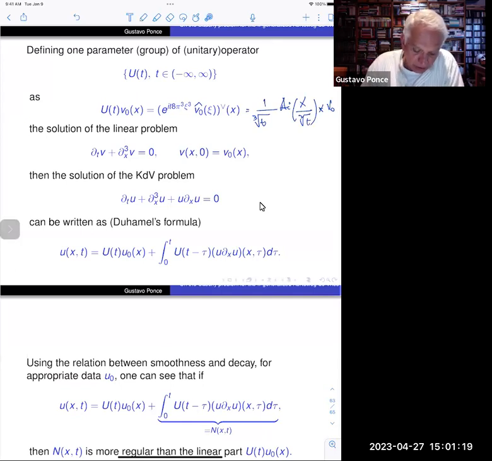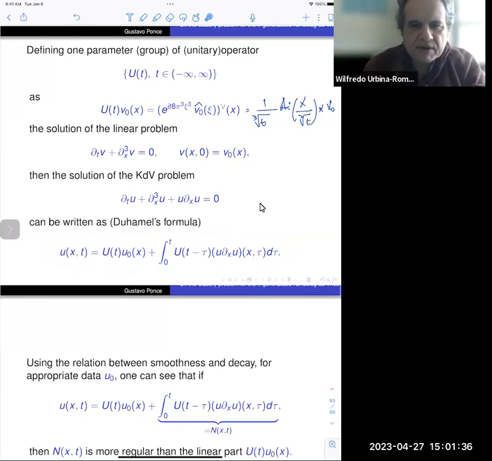Then, if you use the Duhamel principle, you can write the solution of this equation using the group of the linear problem. This is like, in ODE, how do you call that, variation of parameters? Yeah, variation of parameters.